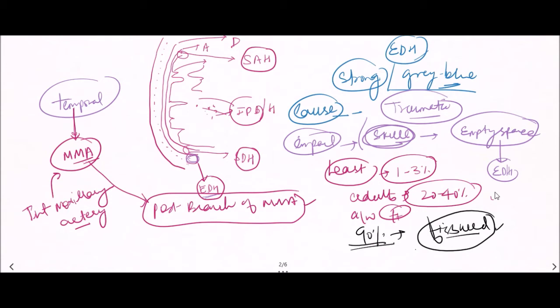Now there are various clots. A typical limitation is seen because the dura mater is attached to the suture lines.